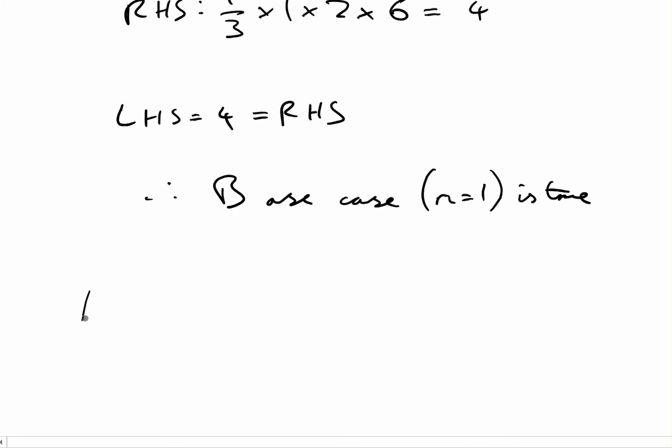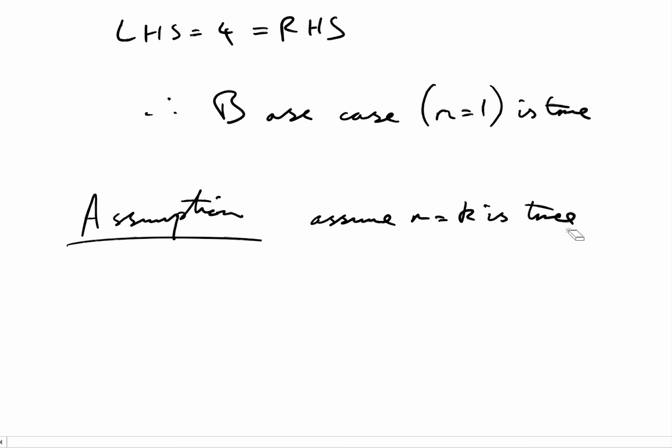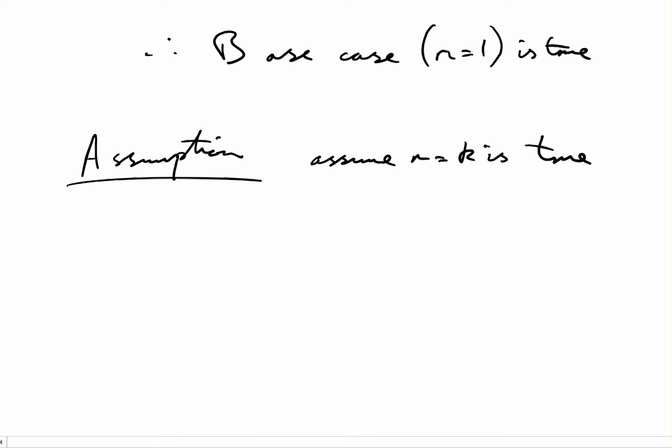Next step is our assumption step. So we assume that n equals k is true. So we assume that that case works. And we come up with an expression for that. So all we simply do is replace n by k.